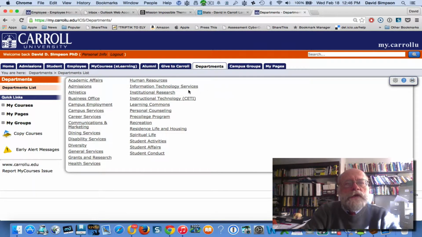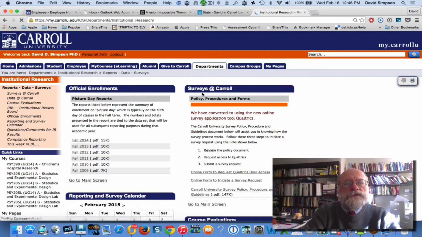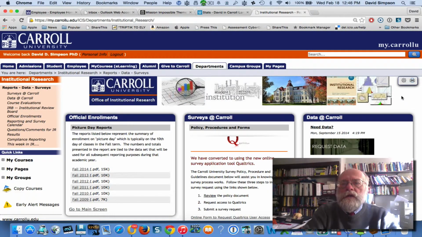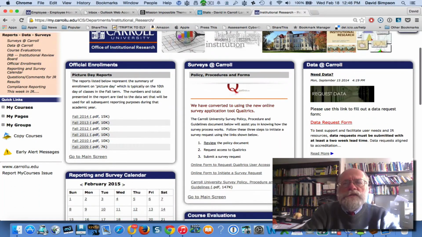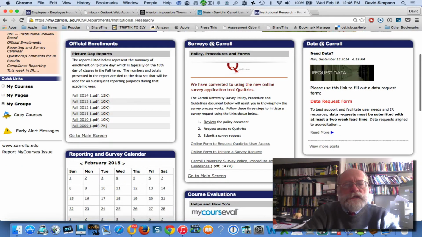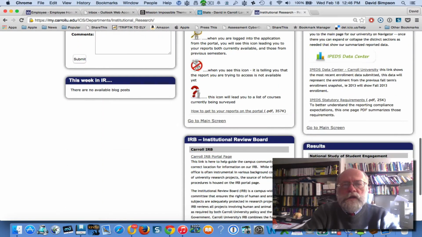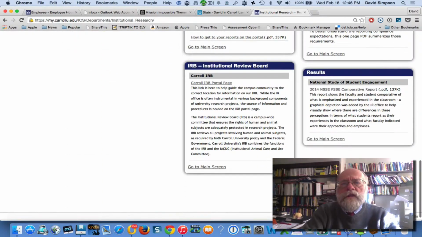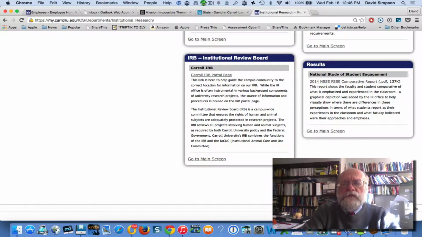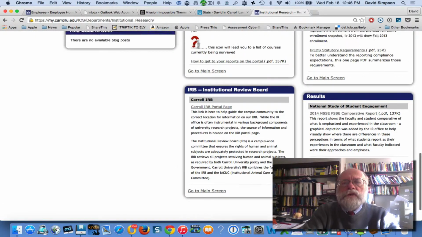okay, and here, for example, is institutional research. I'm on a roll, and we seem to see all kinds of things. Here's picture day for fall, and that I already have copies for, and I would urge every member of the Planning and Budget Committee to be able to find things there. But I'm looking for something, and somehow I have to screen all the way down, and for some reason the Institutional Review Board stuff is here.